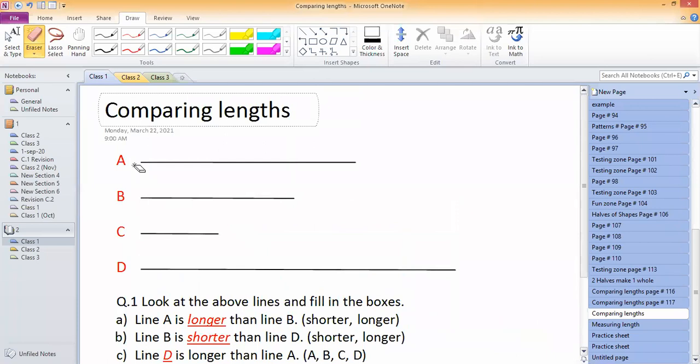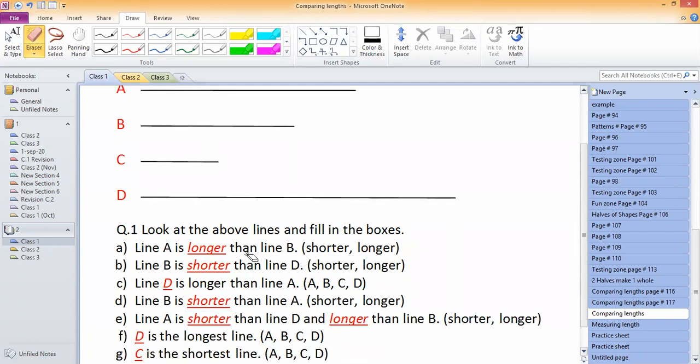B is shorter than A, and C is also shorter than A. There is only one line which is longer than A, that is D. So you will say line D is longer than line A. You cannot write A, because you cannot compare A with A. B is shorter, C is shorter, only D is longer than line A.